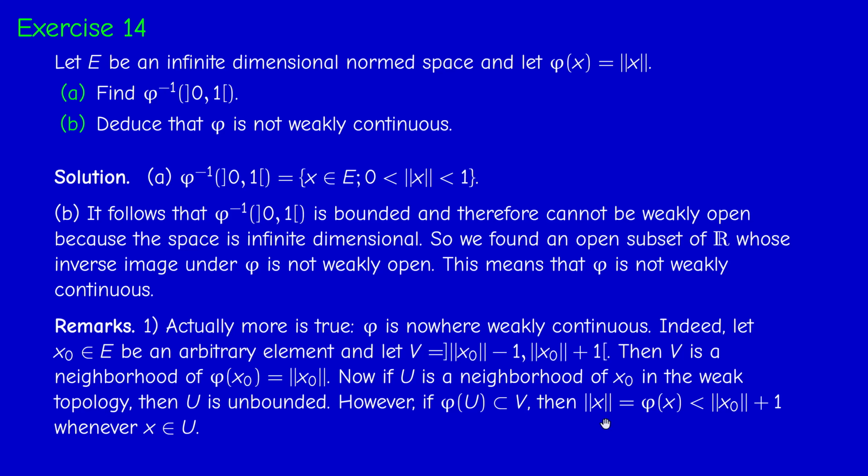So this means that x is in a ball, so this means that U is bounded. Therefore, there's no such weak neighborhood. Therefore, phi is not continuous with respect to the weak topology at x0. Okay. So this is an example of a strongly continuous map from E to R, which is nowhere weakly continuous.